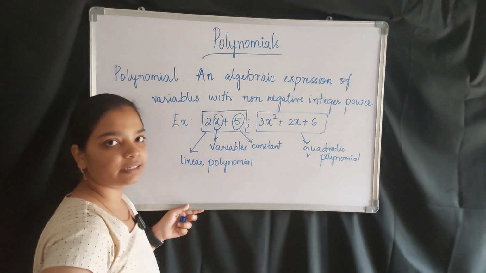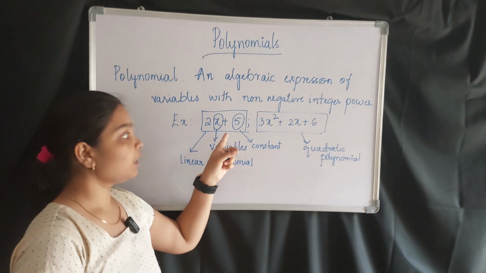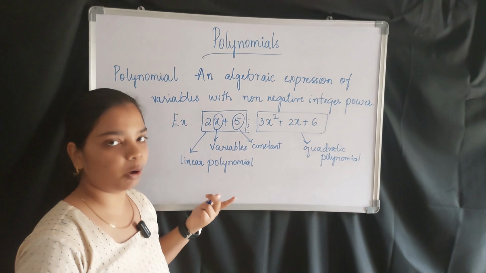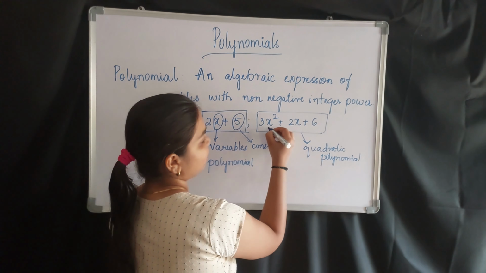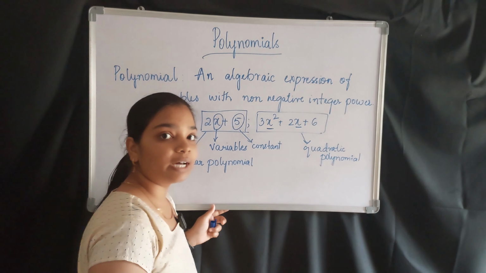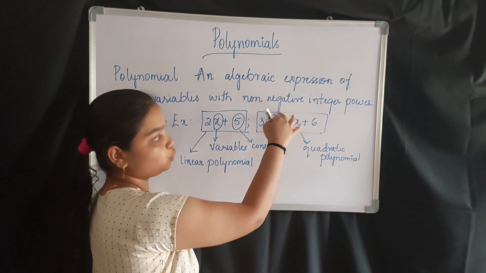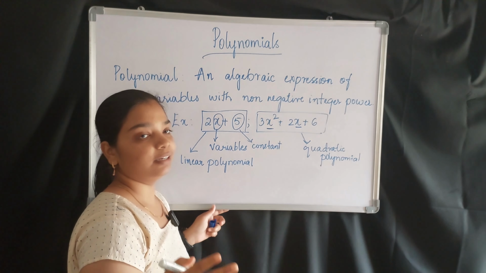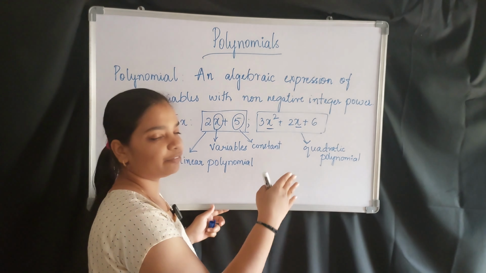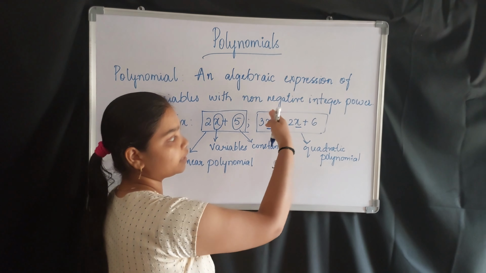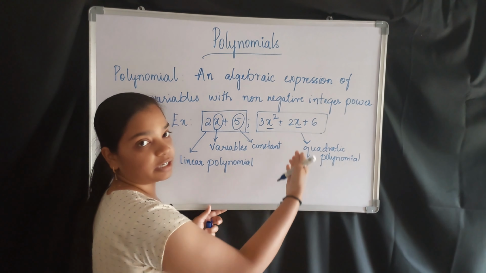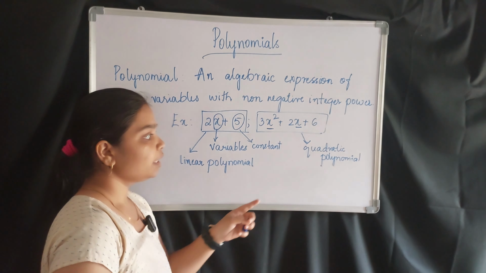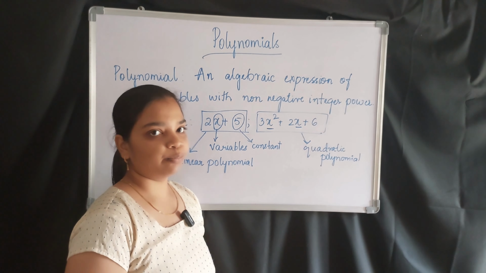Here we see that it is of variable x and x has power 1. That means it is a linear polynomial. Here we have x square, we have x. So the highest power of x is 2. Therefore, it is said to be a quadratic polynomial. Whenever we solve this quadratic equation in further steps, we'll get two values of x satisfying this equation. That is why it is said to be a quadratic polynomial.